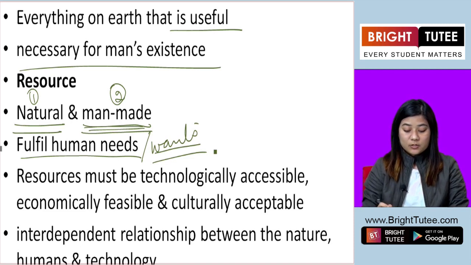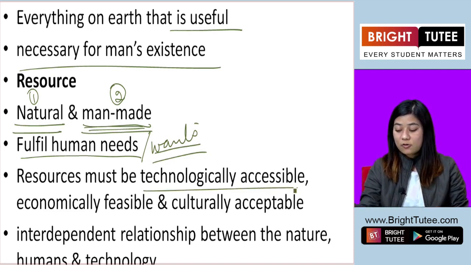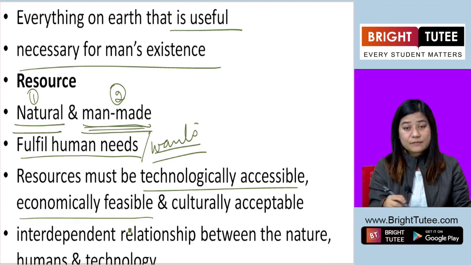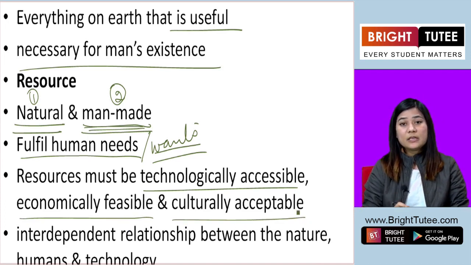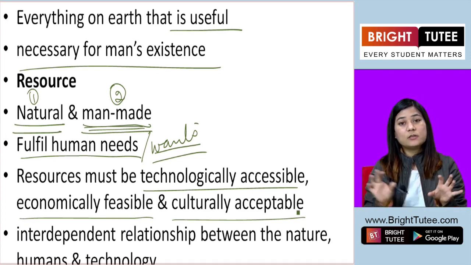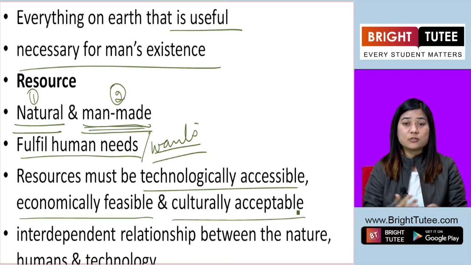Okay, so the resources that are available must be technologically accessible, economically feasible, and culturally acceptable. Meaning, there are plenty of resources, many kinds, both natural and man-made. Now, not all of them can be used by human beings to fulfill their needs and wants.